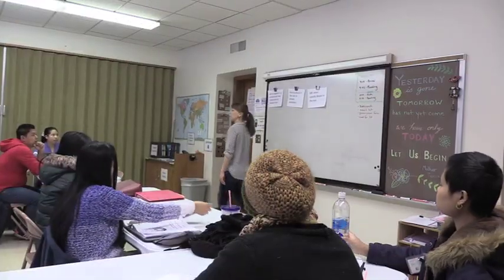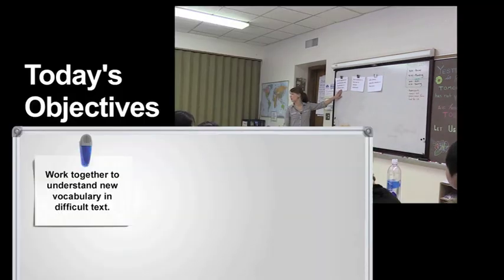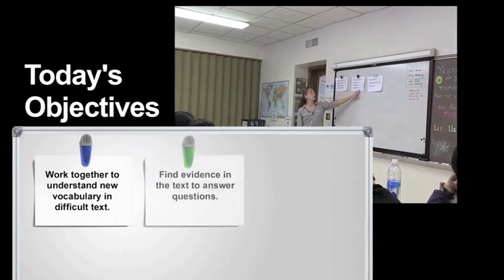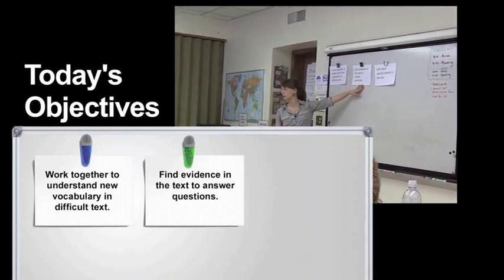These are some things we've been working on a lot lately. We're going to practice working together to understand new vocabulary in difficult text. So the text we're going to read today, it's a little difficult, but we're going to work together to understand the words that we don't know. We're going to work to find evidence in the text to help us answer questions.